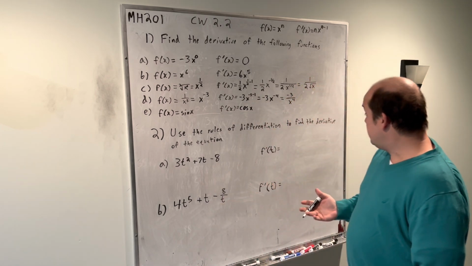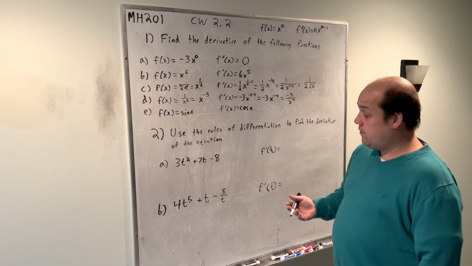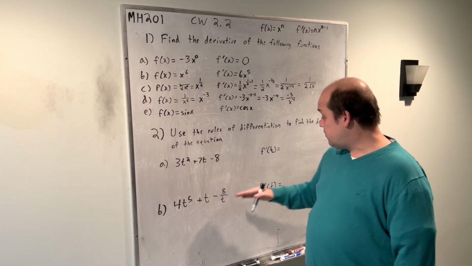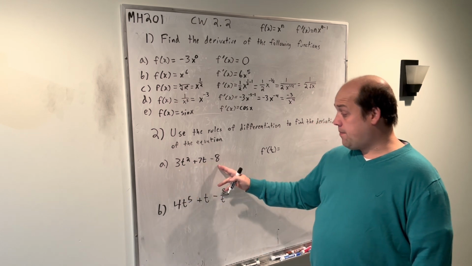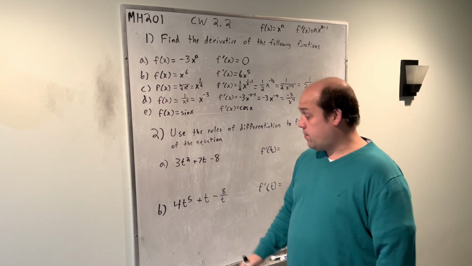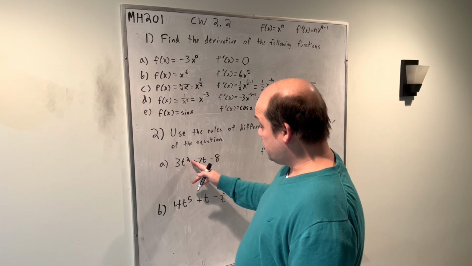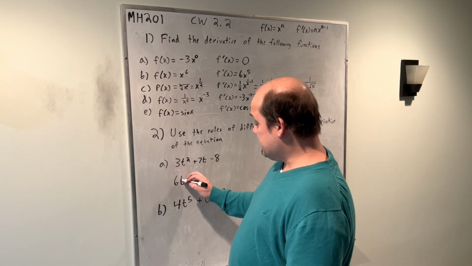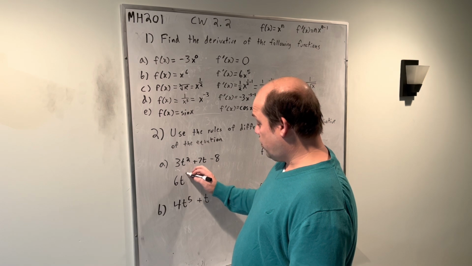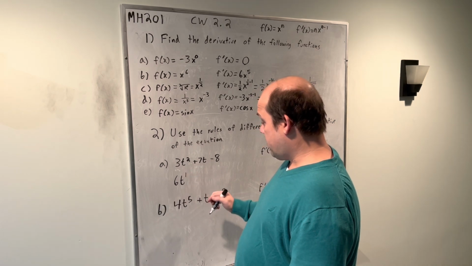For using the rules of differentiation to find the derivative of the equation, each of these f of t's, we're asked to find f prime of t. We basically need to treat each term separately and see what occurs with that term. So the first term, 3t squared, the 2 comes down, gets multiplied by the 3, and gives me 6t to the 2 minus 1, which is just the first power.